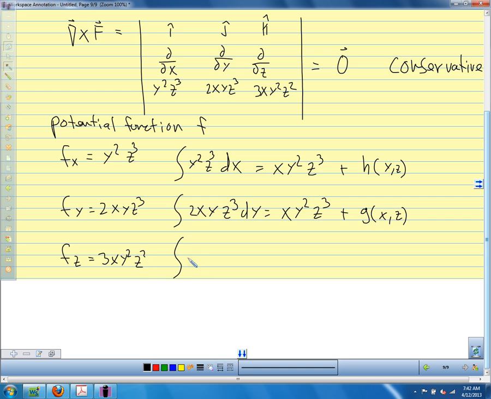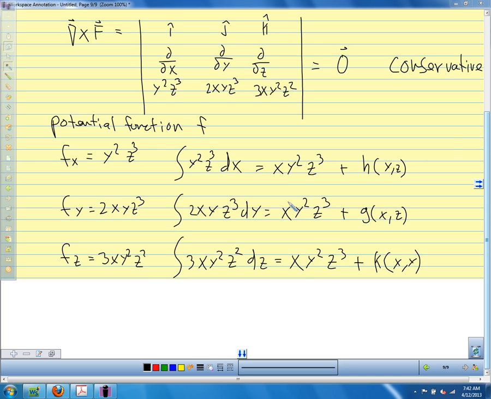So I integrate that with respect to z, 3x y squared z squared dz, and I get x y squared z cubed plus some function of x and y. Well, if I take my gradient of this, I get my original function, so I don't have to adjust my constants of integration. So my potential function f is x y squared z cubed plus some constant.